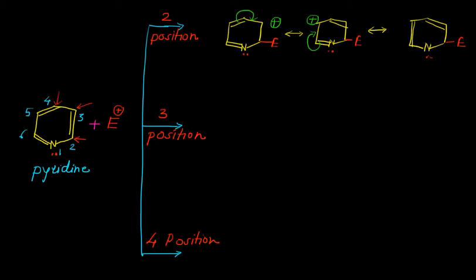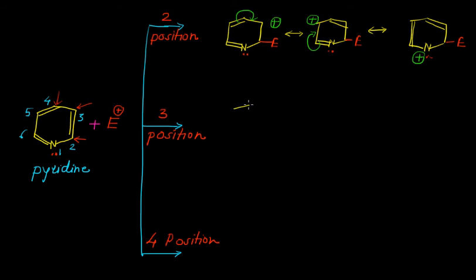The interesting part is this double bond will get delocalized onto this nitrogen. So this is a little bit interesting: on an electron-rich species like nitrogen we have a positive charge in the resonating structure. Now let us write the resonating structures when we do the electrophilic substitution at position 3.